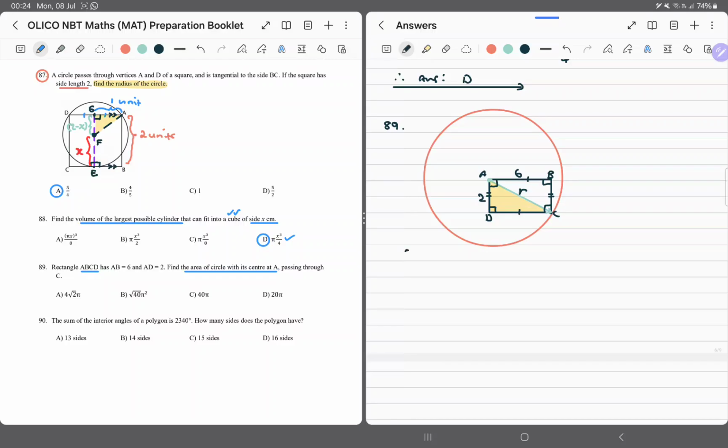First of all, we can say here in triangle ADC, we know that essentially AC squared is equal to AD squared plus DC squared. This is from Pythagoras, so this is R squared equals 2 squared plus 6 squared.